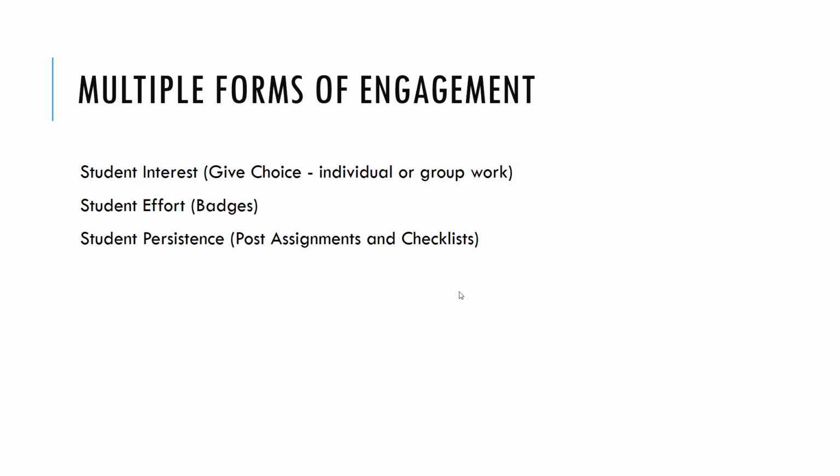Next, a principle we'll look at is multiple forms of engagement. So a couple of topics here. Student interest. To pique student interest, I'd like to give the students as much choice in the course as possible. One example would be allowing students to complete their final assignment either as an individual or with a partner.